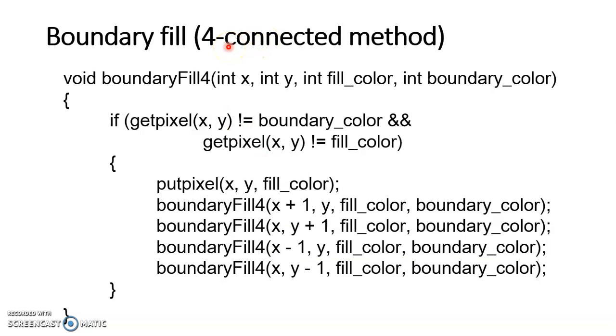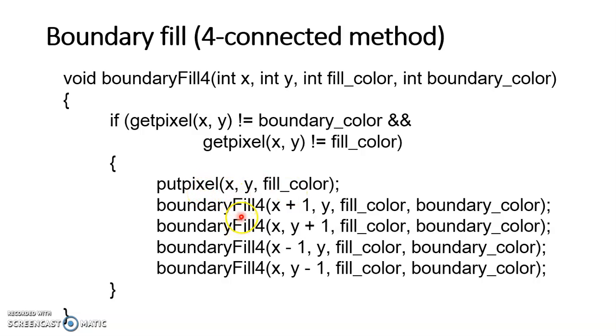So in the four connected method, the boundary fill algorithm will take the current pixel, that is x and y coordinates of the current pixel, fill color and boundary color as the arguments. Then the getPixel function will get the color of the current pixel specified by xy coordinates. If the color of the current pixel is not equal to boundary color and is not the same as fill color, then the current pixel xy will be colored with the fill color by the putPixel function.